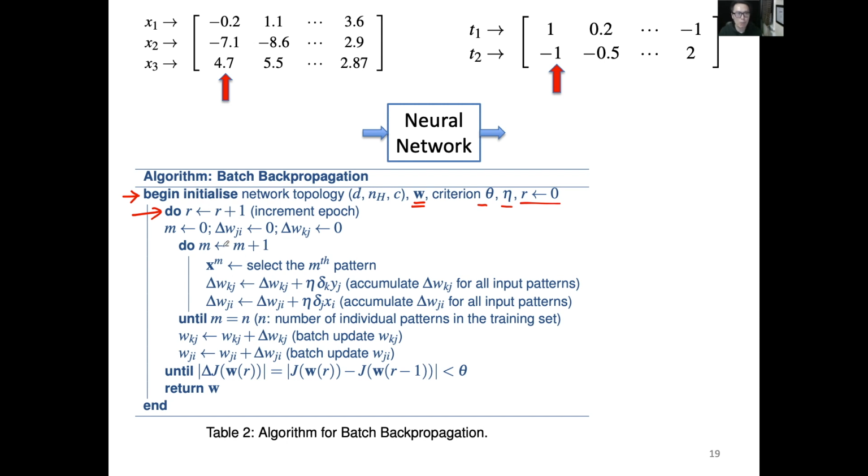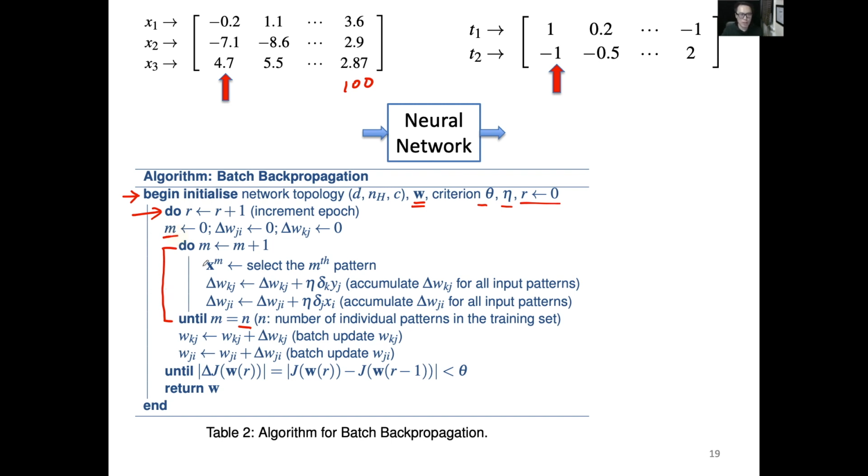In each epoch, we are going to go through this process n times, where n is the number of samples. So if we have 100 samples, we repeat this process 100 times. Take a look at what we do in this loop.